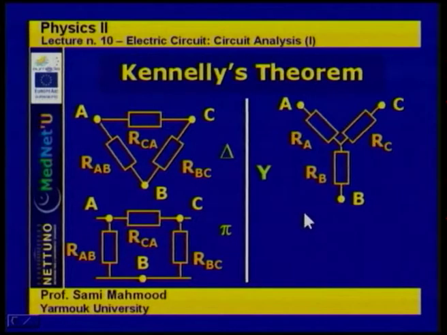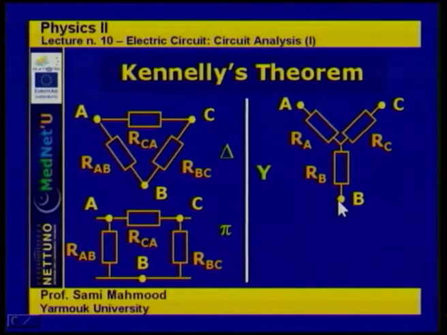Now, according to Kennelly's theorem, this can be replaced by this circuit, where we assume that we have a common point in the middle, and point A is linked with the common point, and the resistance between A and this common point is RA.